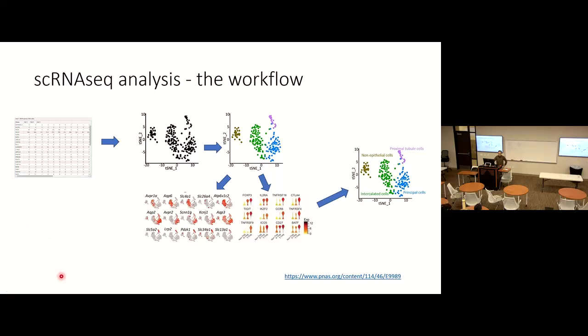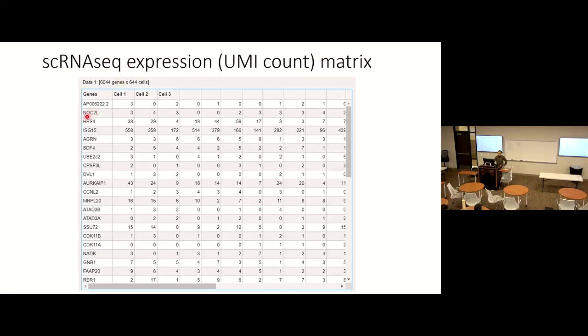That means each of these cells is described using over 4,000 variables. So you can place this cell in a 6,000 dimension space.